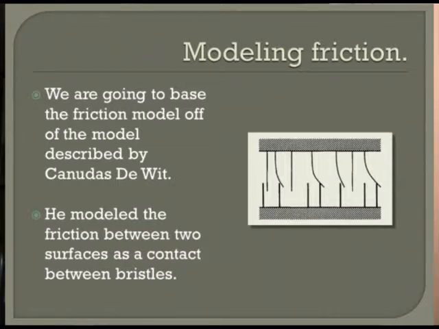He modeled the friction between two surfaces as a contact between bristles. So as you can see in the image, the idea was that the bristles would interact with each other and you would see a direction-dependent behavior that would show up especially when you change direction and when you were changing velocity.